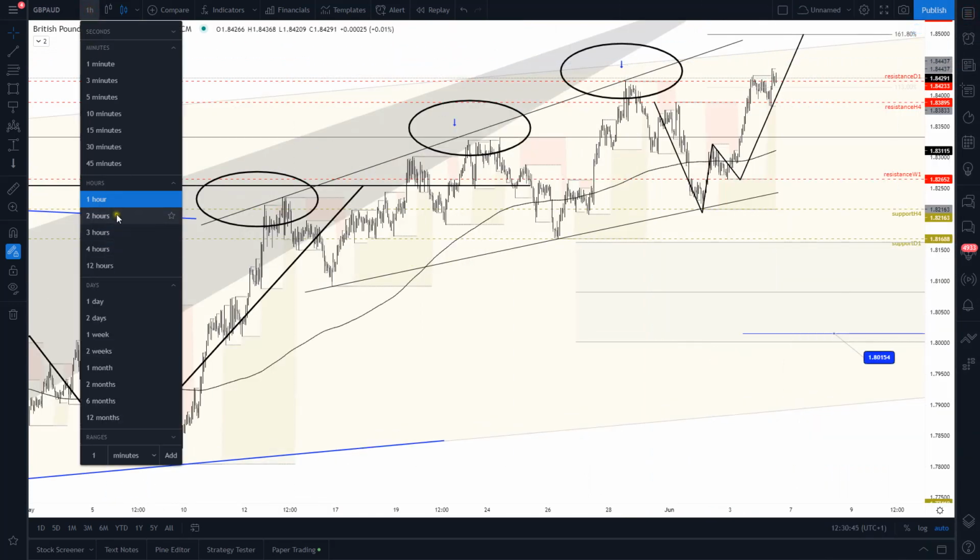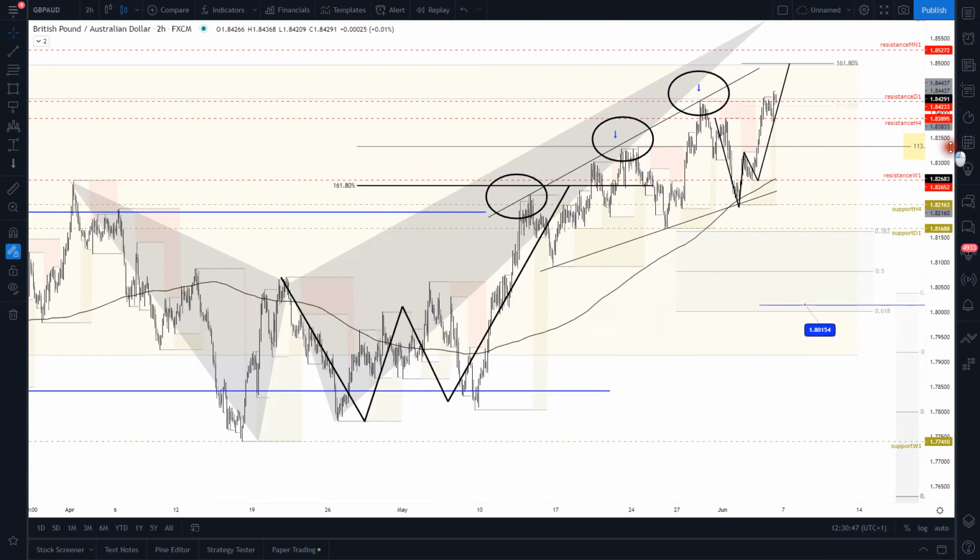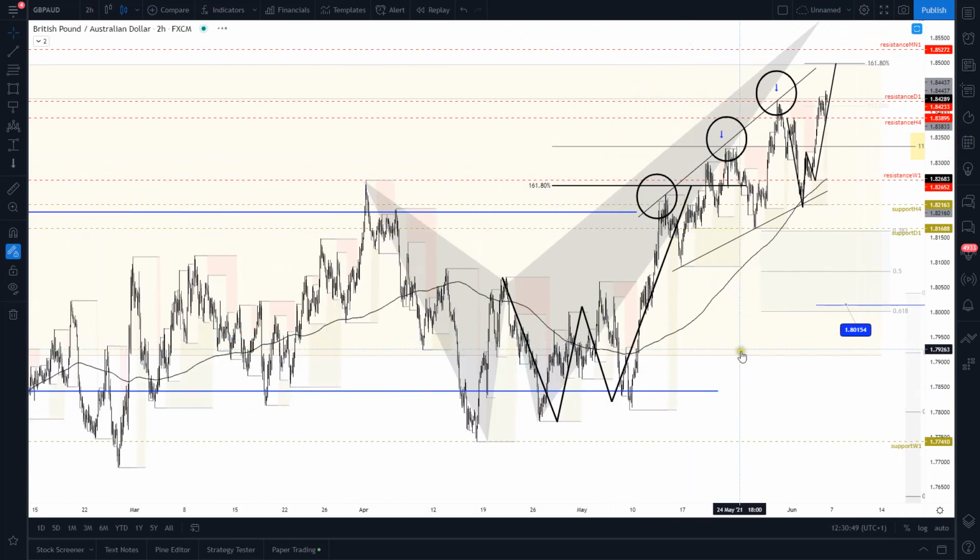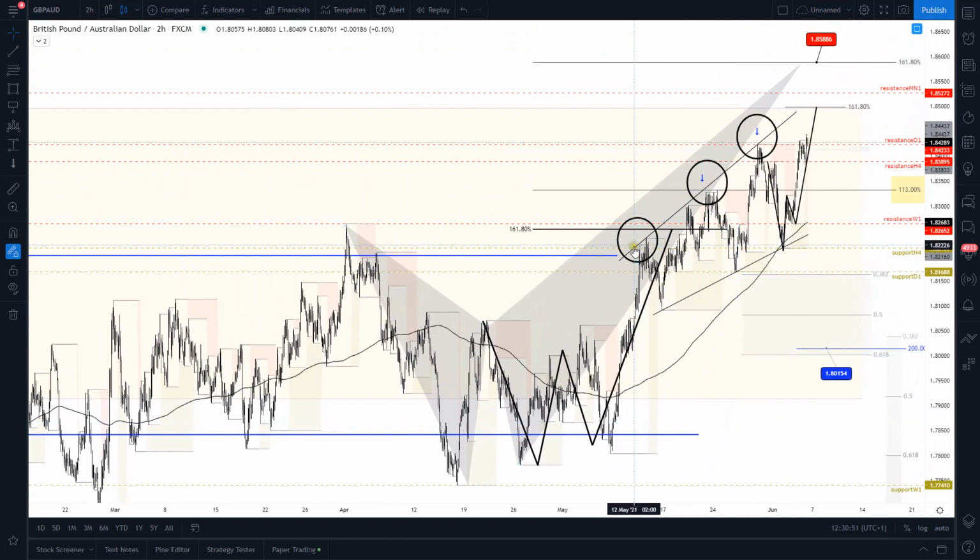Pound versus the Australian dollar, now threatening the daily fractal after printing this kind of a three drives formation. I was expecting at least a retest of the bottom of the structure, but the market, as you can see, found some support at the 200 moving average and was forced into new highs.